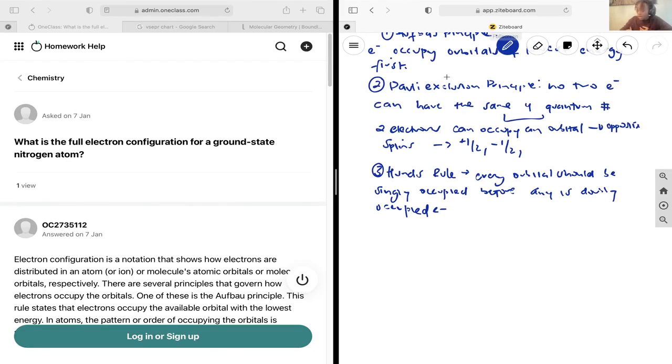The majority of these principles can be executed if we follow Madelung's rule, which can be illustrated as such.